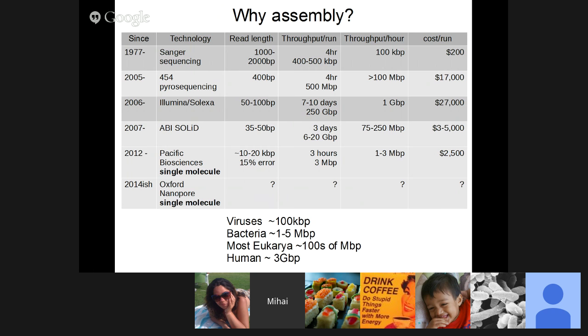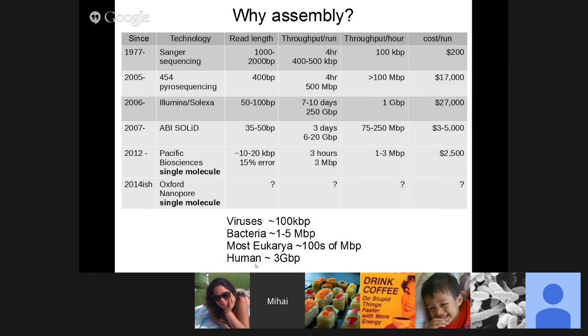It seems like a very stupid process, but the reason we're doing this is that the sequences the sequencing technologies we have today can generate are much smaller than the sequences of genomes. The best technology that we have today is PacBio, Pacific Biosciences. It can generate reads about 20,000 base pairs in length.